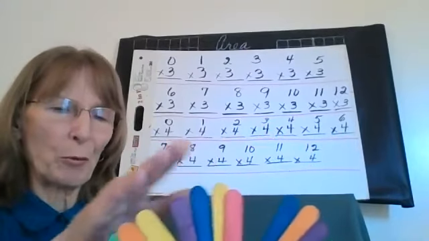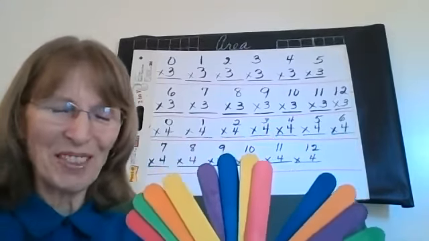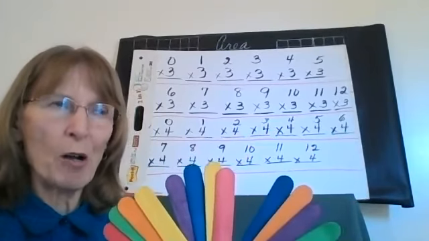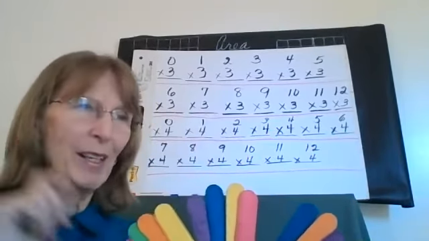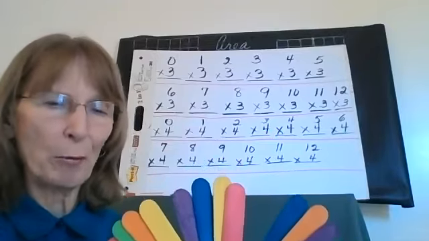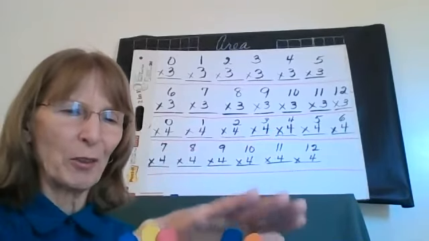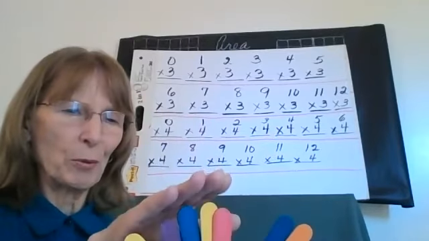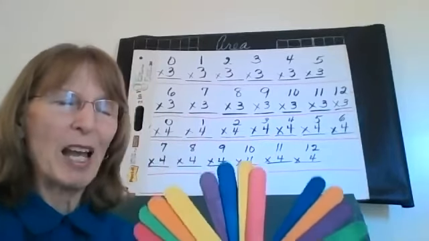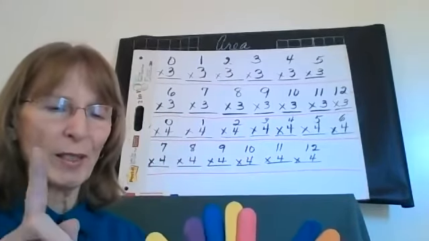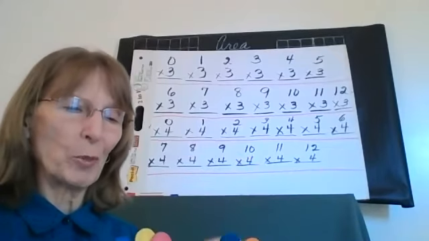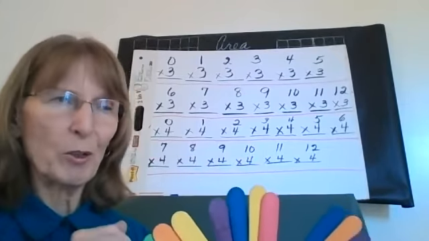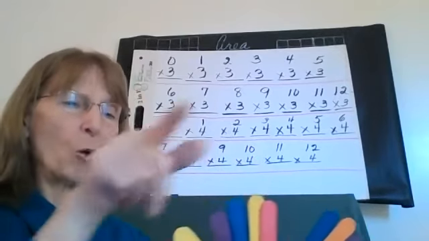So there are 3/3. Another way to say it: 3 at the top, and then there's that line, and then there's a 3 at the bottom, 3/3. All of these together, 1, 2, 3. 1/3, 2/3, 3/3. 3/3 equals 1, because the whole group is one group of 12. So 12 would equal one whole group.